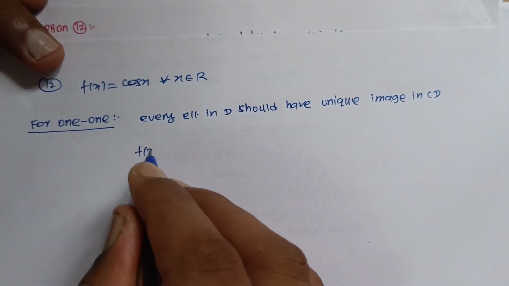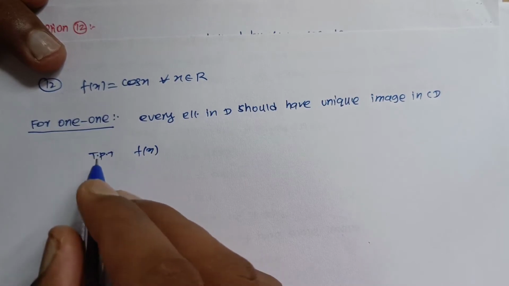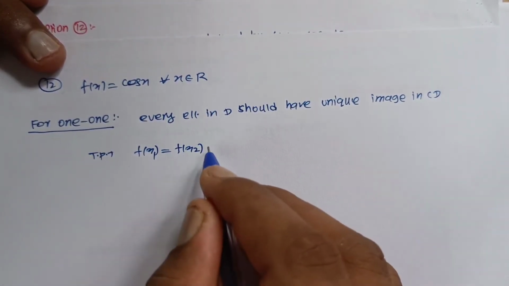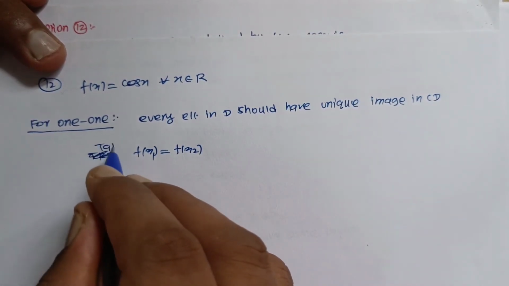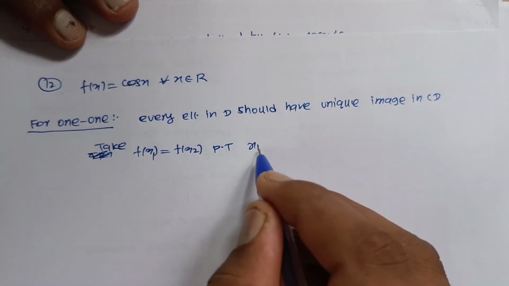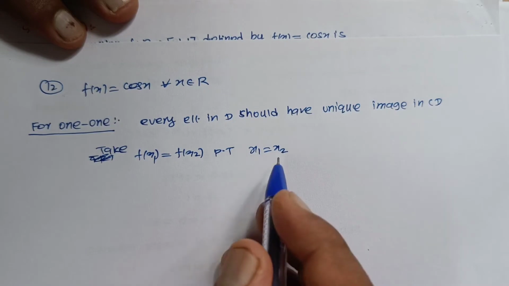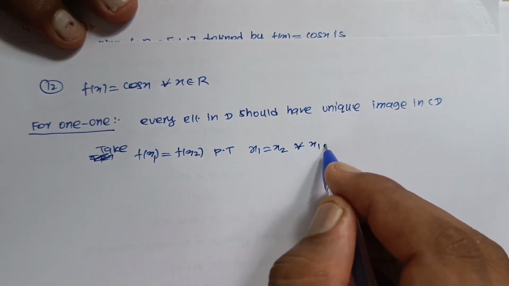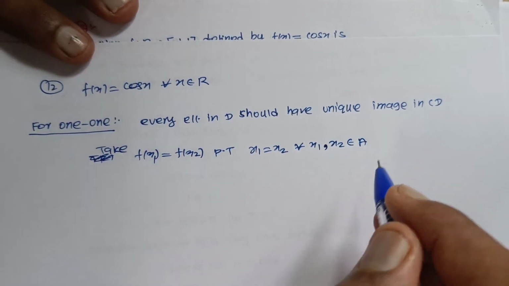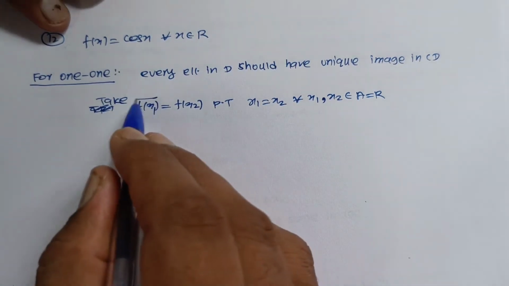So generally to prove one-to-one, take f of x1 equal to f of x2, and prove that x1 equal to x2. So take the functions as equal and prove the variables are equal, for all x1 comma x2 belonging to set A, that is the domain. Clear? This is the general formula.